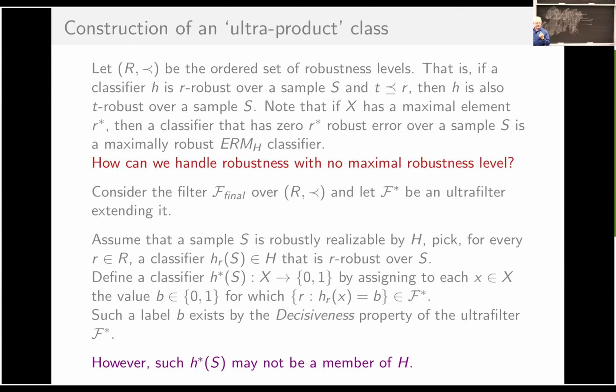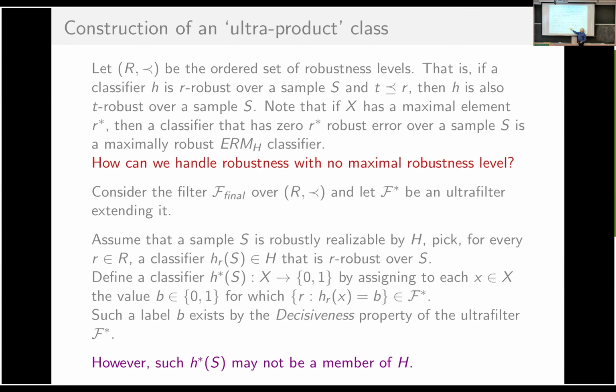And now assume that my predictions are just 0, 1. So now I have to define what is H star of X. I have a point X, I want to know what is H star of X. So for every value 1 or value 0, I will look at the set of all R's such that H_R of X equals this value.